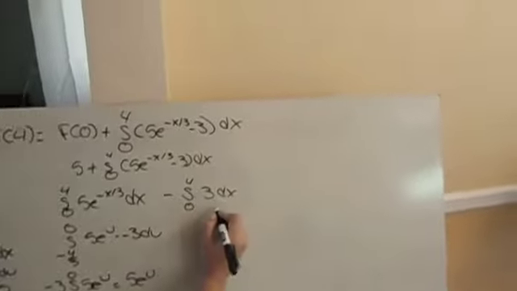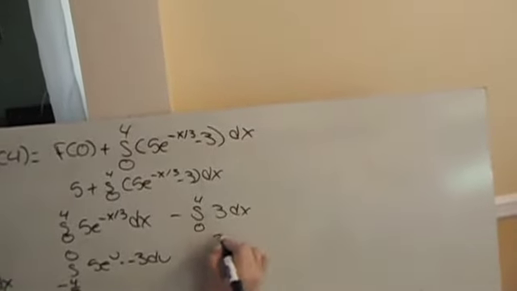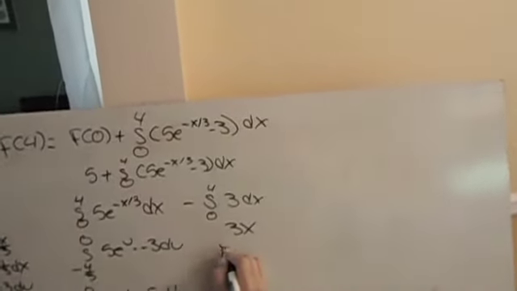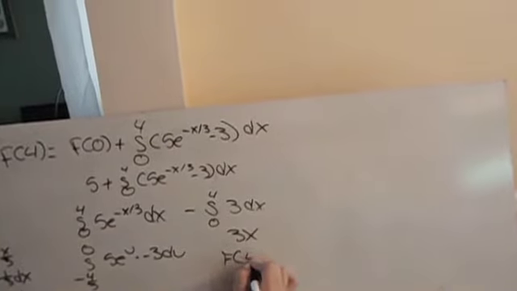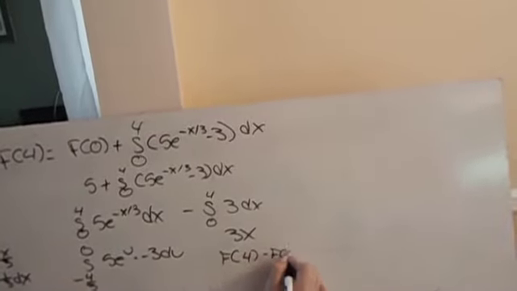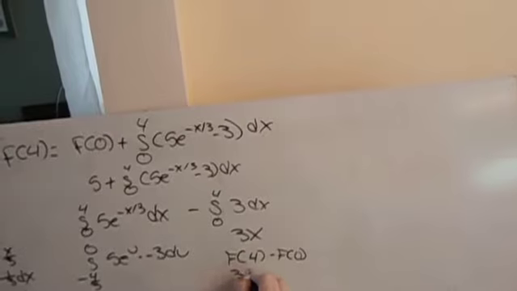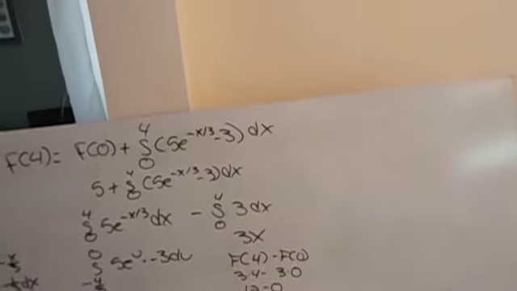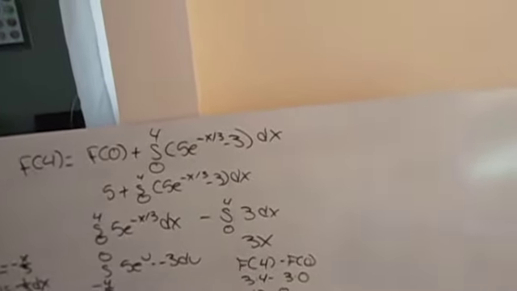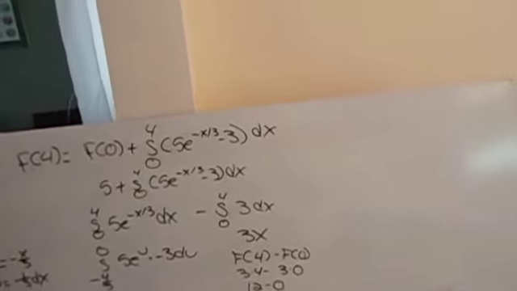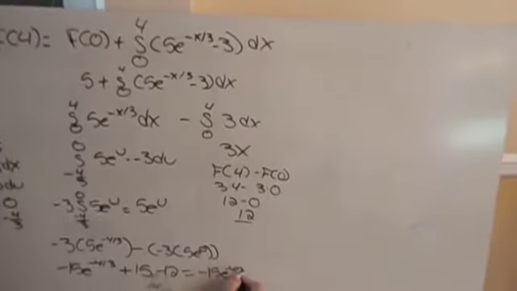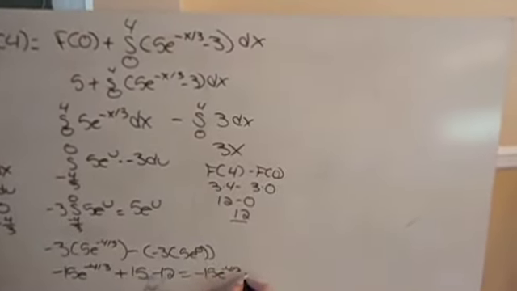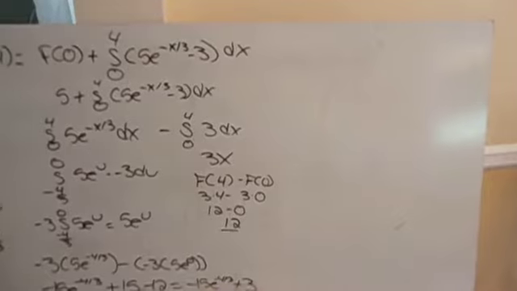Now we'll move on to the second integral. This integral solved is just 3x. So you can do f of 4 minus f of 0, which would be 3 times 4 minus 3 times 0, which is 12 minus 0, which equals 12. Now we must subtract 12 from the original integral, and that becomes negative 15 e to the negative 4/3 plus 3.